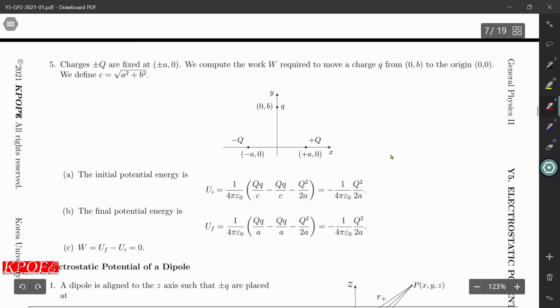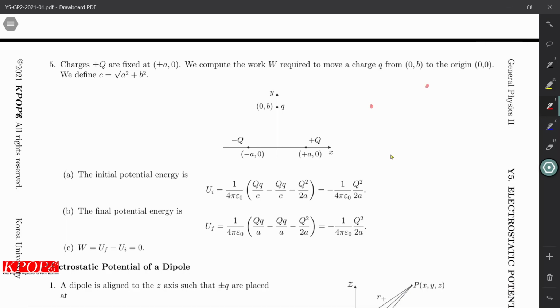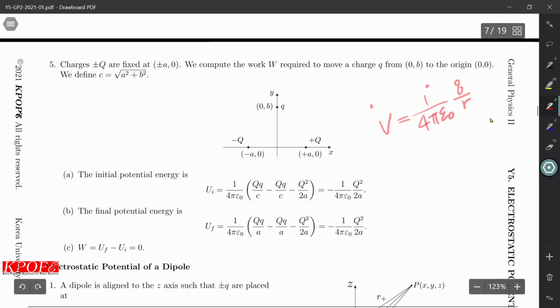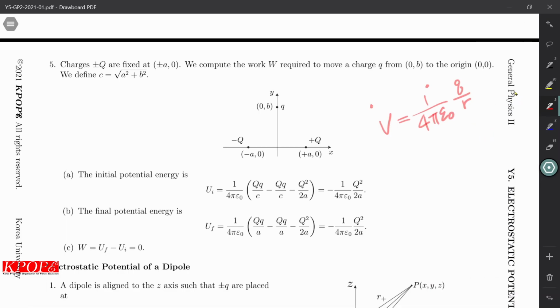The electrostatic energy, the potential is 1 over 4 pi epsilon 0 Q over R. What is the potential energy?